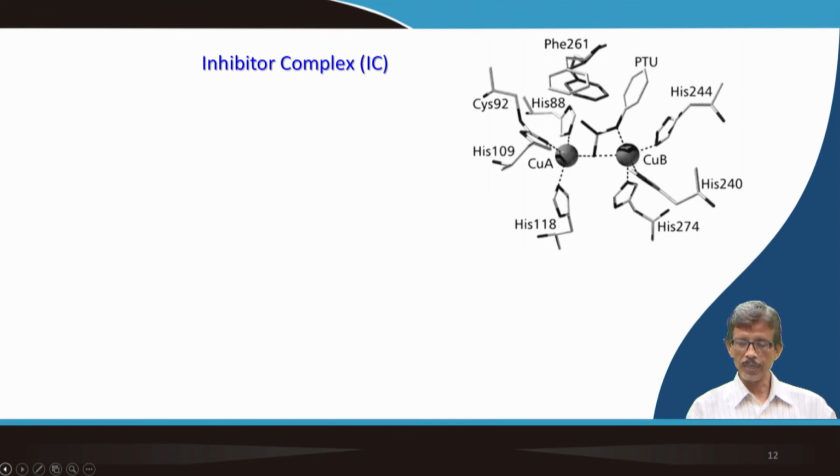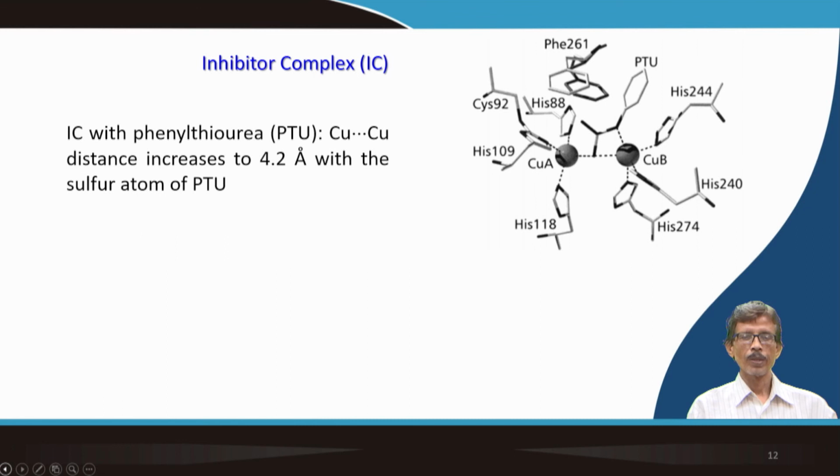So, if you take phenylthiourea and crystallize the native catechol oxidase in the presence of that phenylthiourea, you get a very interesting structure, similar to that of tyrosinase with the bisphenol or the catechol binding to the copper center. So, phenylthiourea can bind in that fashion where sulfur is bridging these two copper centers, and the nitrogen is coordinating to one of the copper centers.